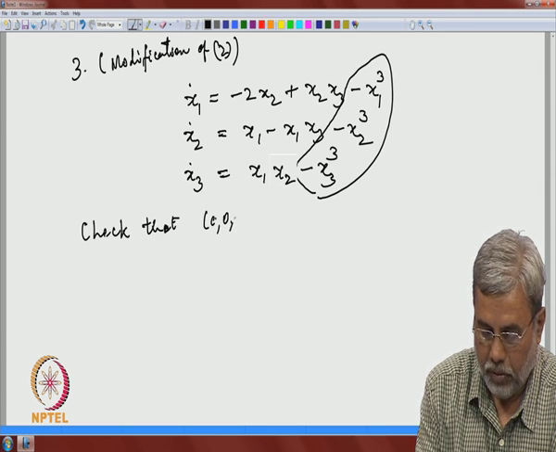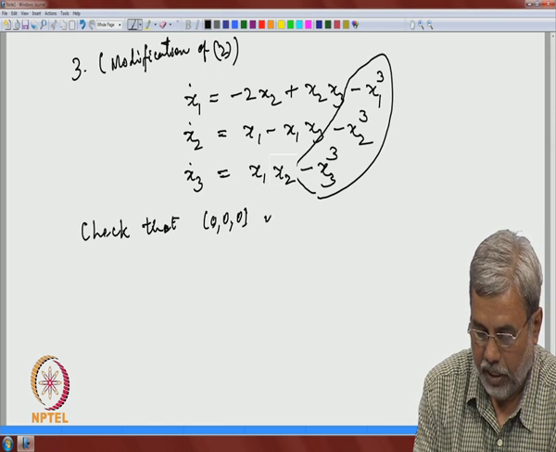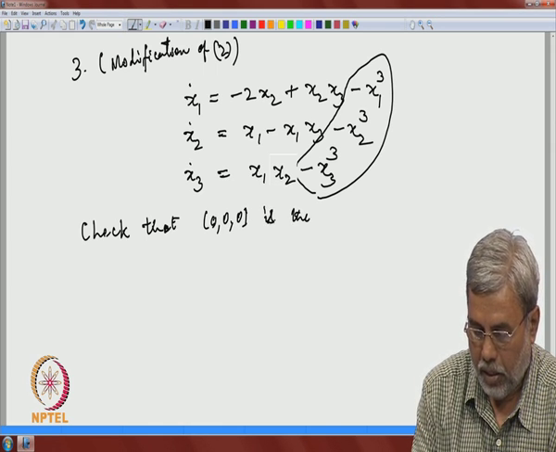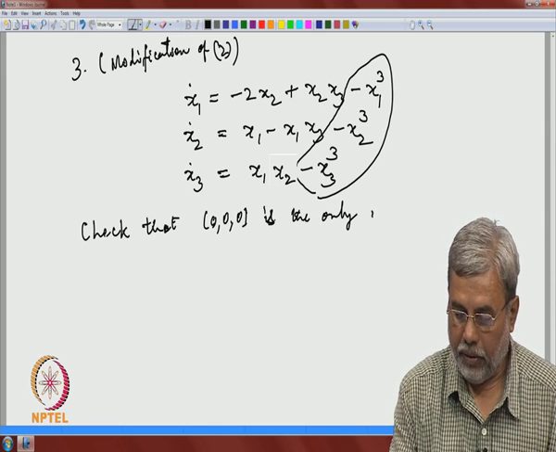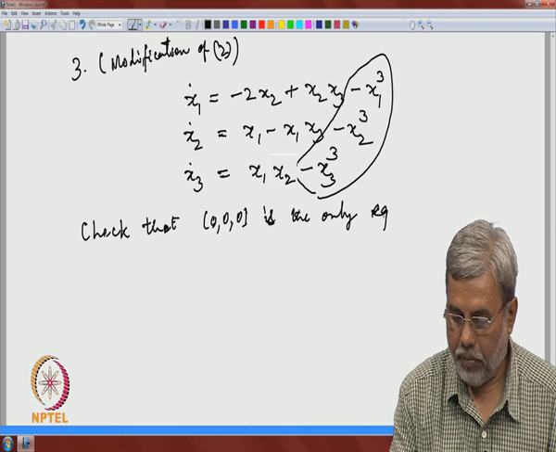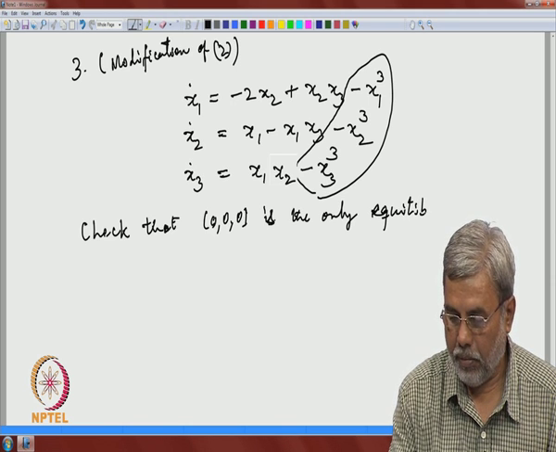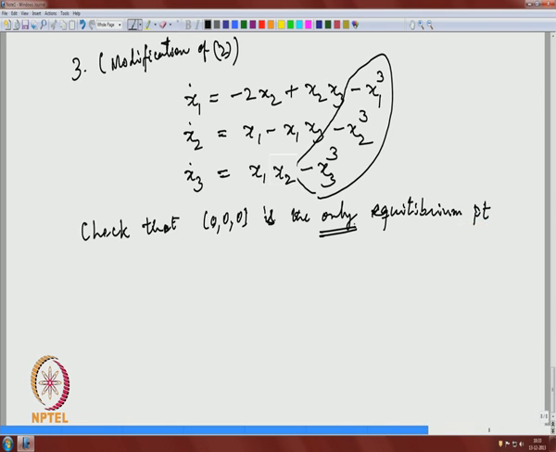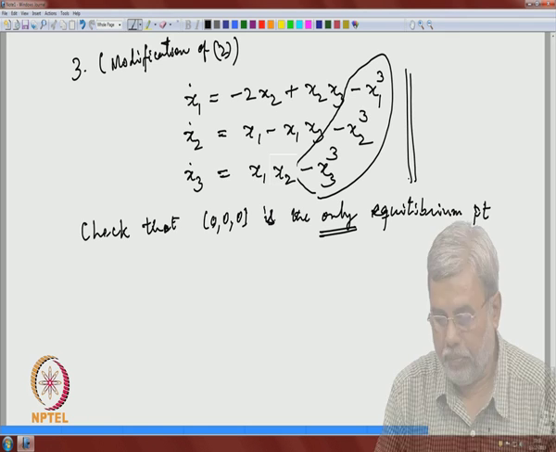Okay. And now check, with a little algebra, that (0, 0, 0) is the only equilibrium point. Okay. So, only here in this case there are no other equilibrium points. So, with a little algebra, 0 is certainly an equilibrium point, at 0 these right hand sides vanish, but it is the only point where the 3 equations on the right side vanish.